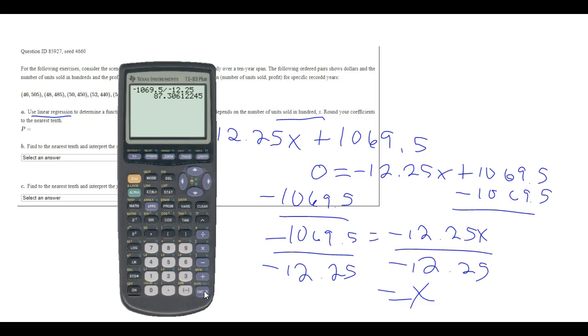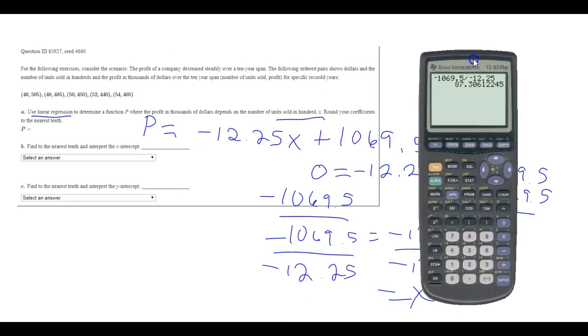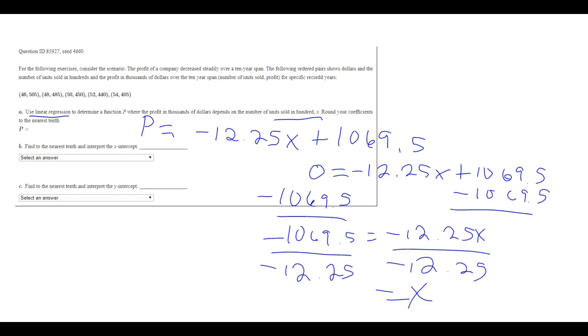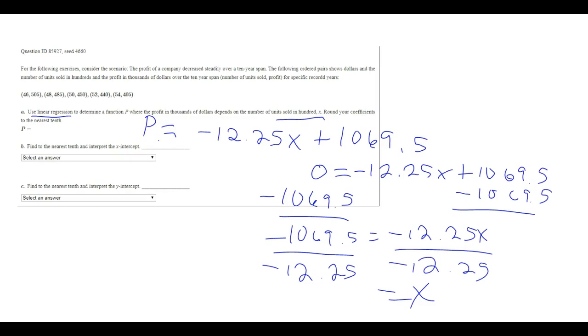Enter, and it looks like I get 87.30612245, and I think it said round to the nearest tenth, so I'd be looking at 87.3, it looks like. Again, there's your nearest tenth for this particular question, so that would be my x-intercept, which would be 87.3.